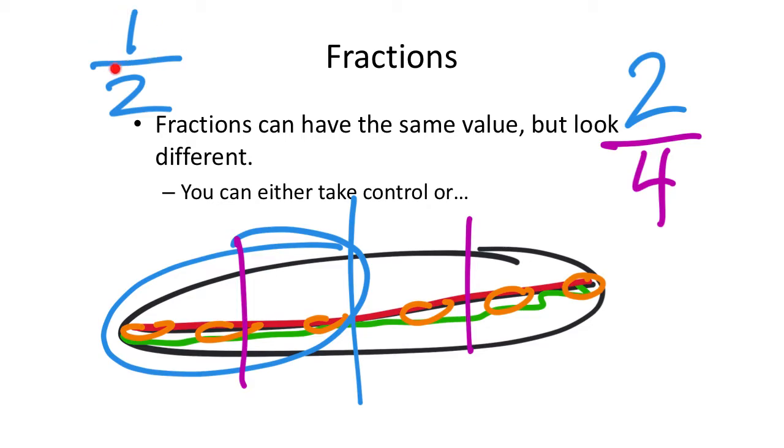Would you rather have 1 piece out of 2, or would you rather have 2 pieces out of 4 pieces of this sandwich? And of course, if we look at just pure mathematics on this, it wouldn't matter if you wanted 1 piece out of 2 or 2 pieces out of 4. You'd get the same amount either way. So these two fractions have the same value, but they look different.